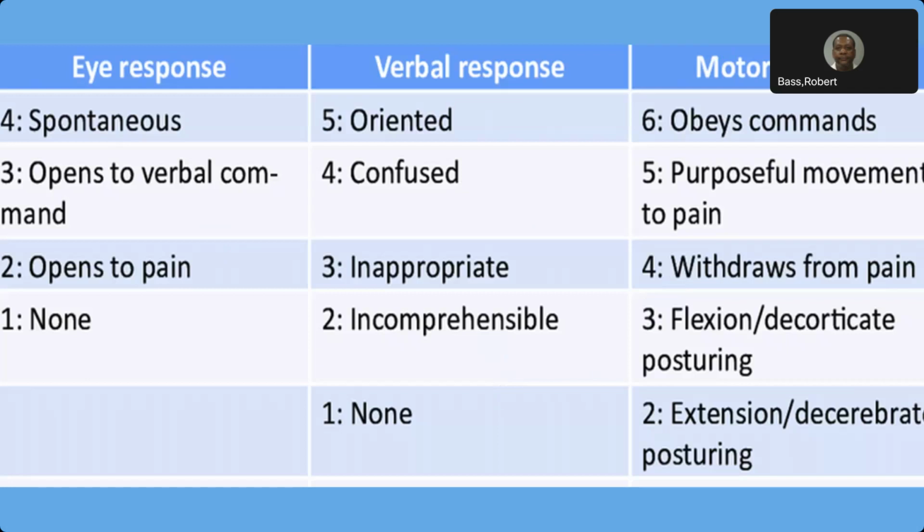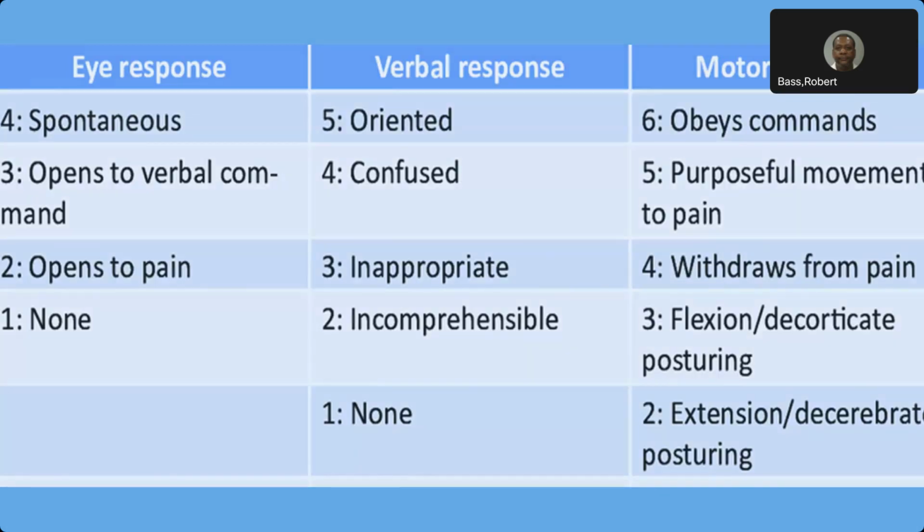It's simply doing your job, being a competent provider, and giving a definitive number, making sure that you reassess their GCS throughout transport, documenting their GCS, and passing this information on during your intercept, if this is an intercept, or once you transfer care over to the emergency department staff.